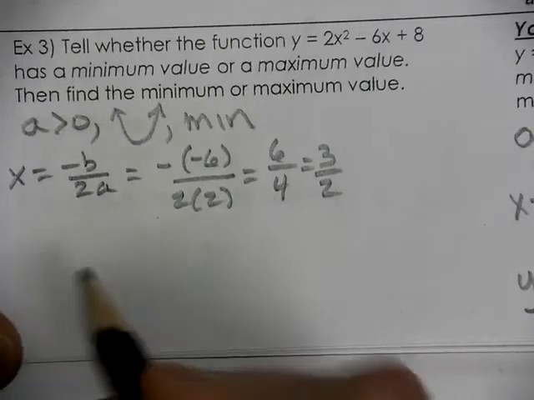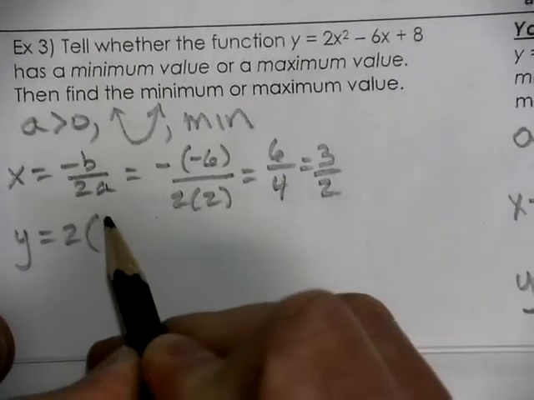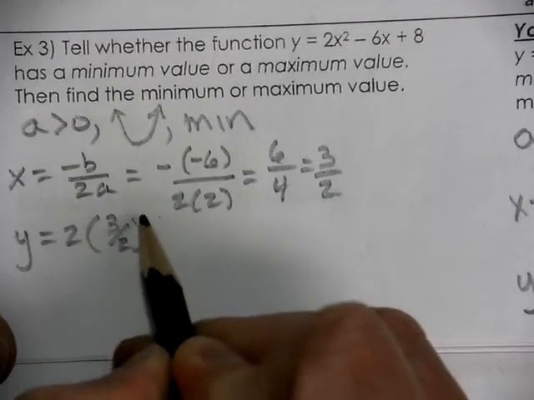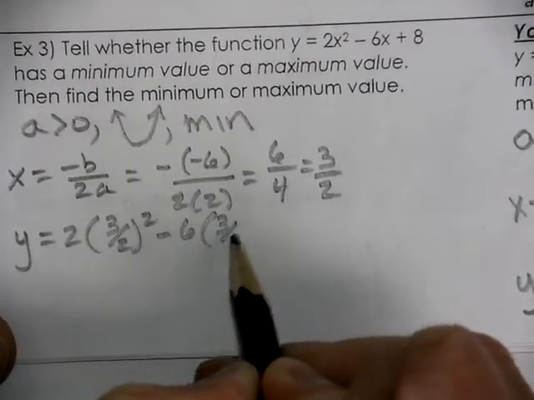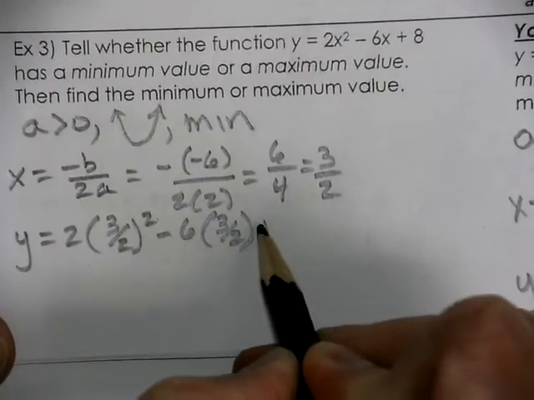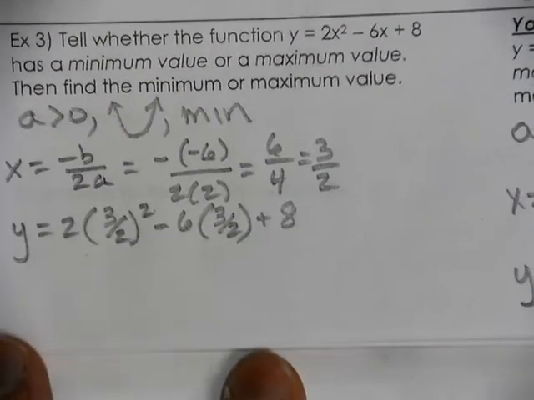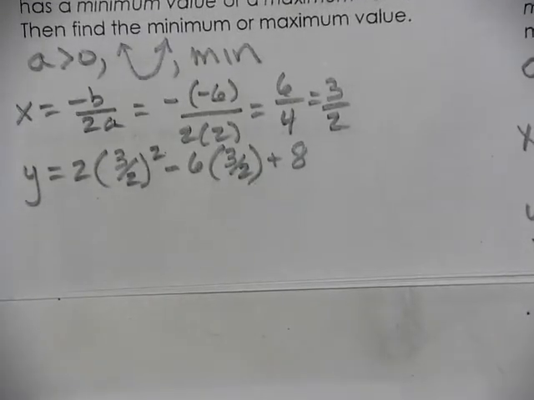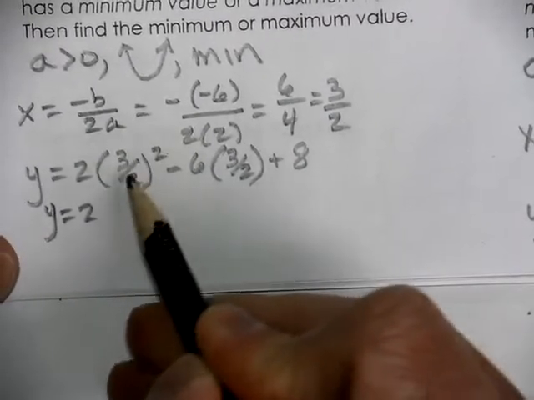to work with. Our y value is 2 times 3/2, and we square it, minus 6 times 3/2, plus 8. So we substitute in that 3 over 2 into our original problem. And we'll square our parentheses.